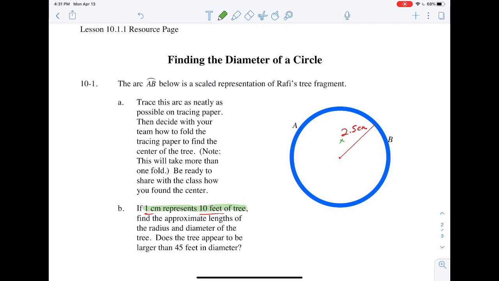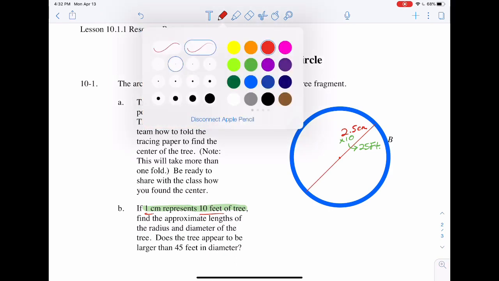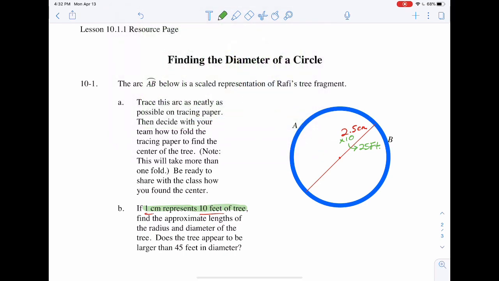So what you could have done is multiplied by 10, and this would have given you 25 feet. Now hit pause and find the diameter. So if the radius is 25 feet, the diameter is twice that.